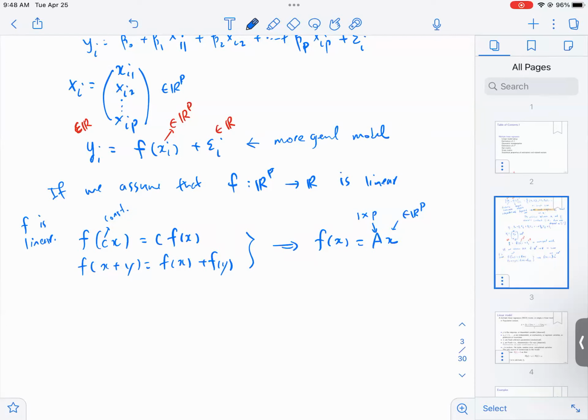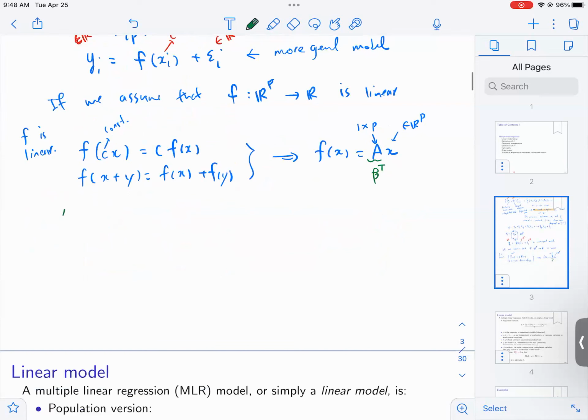We talked about that, we haven't proved it, but a general linear function can be written like A times x. And because f in our case maps to R, that has to be 1 by p. So we call this beta transpose. I'm going to call this beta transpose because you have a vector, you transpose it, that's a general 1 by p matrix.